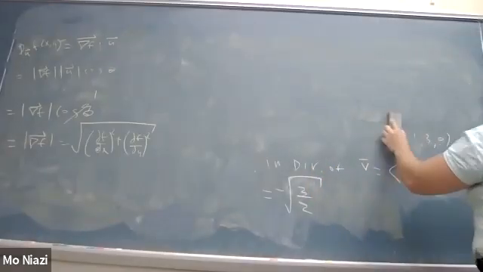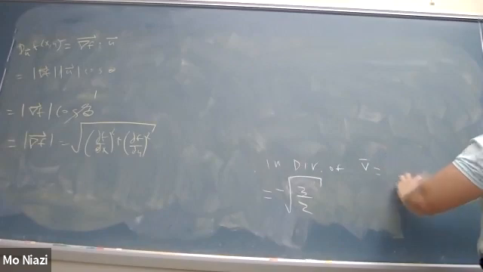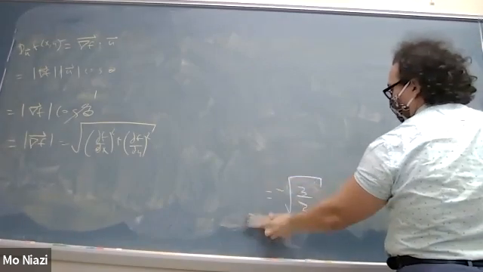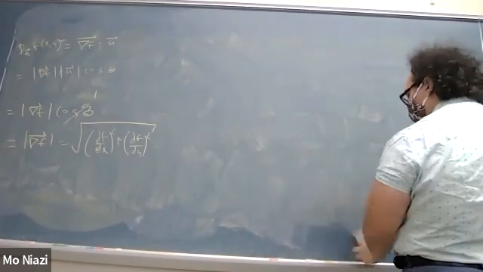Well, it means the directional derivative will have a maximum value if it is running in the same direction as your gradient is.